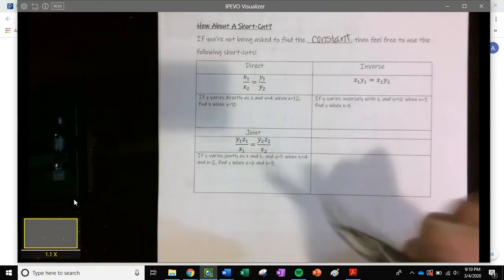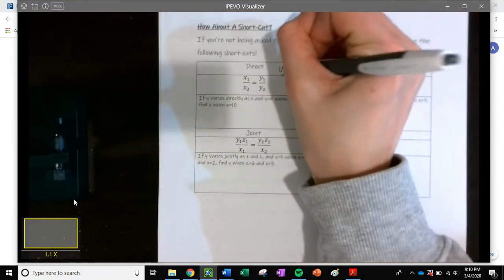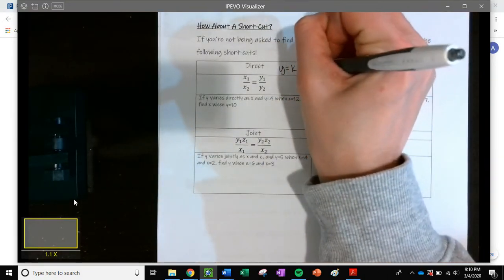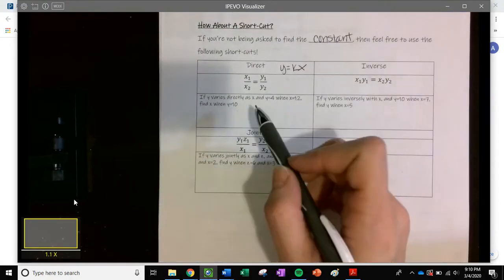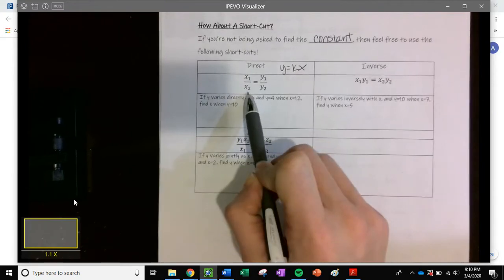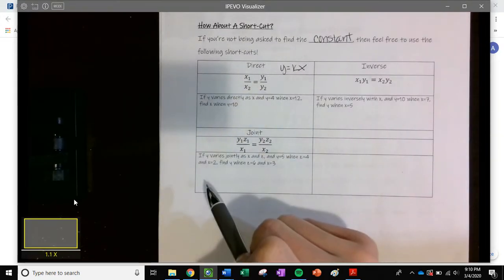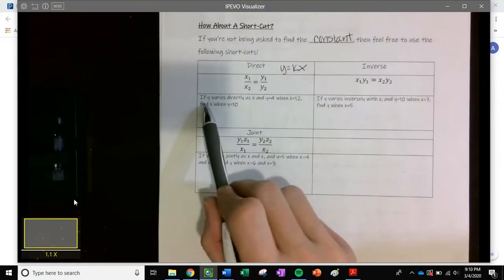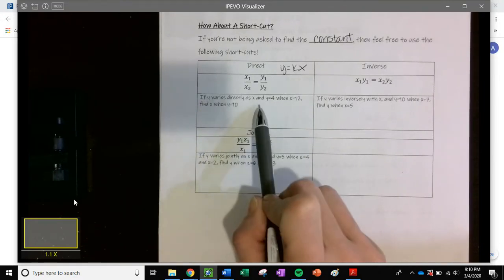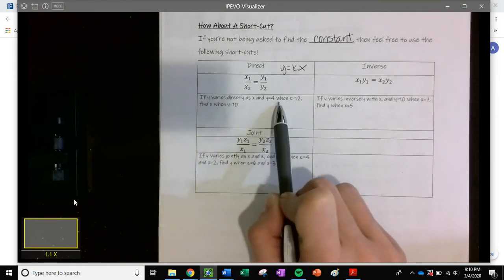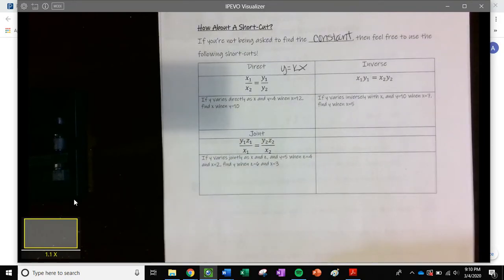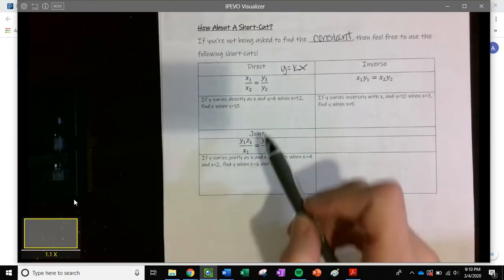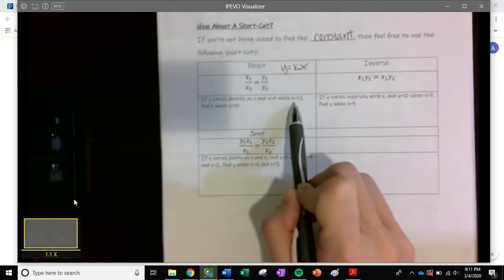Your shortcut for direct, where your original formula is y equals k times x, is x1 over x2 equals y1 over y2. So in this particular example, we are saying y varies directly as x and y equals 4 when x equals 12.